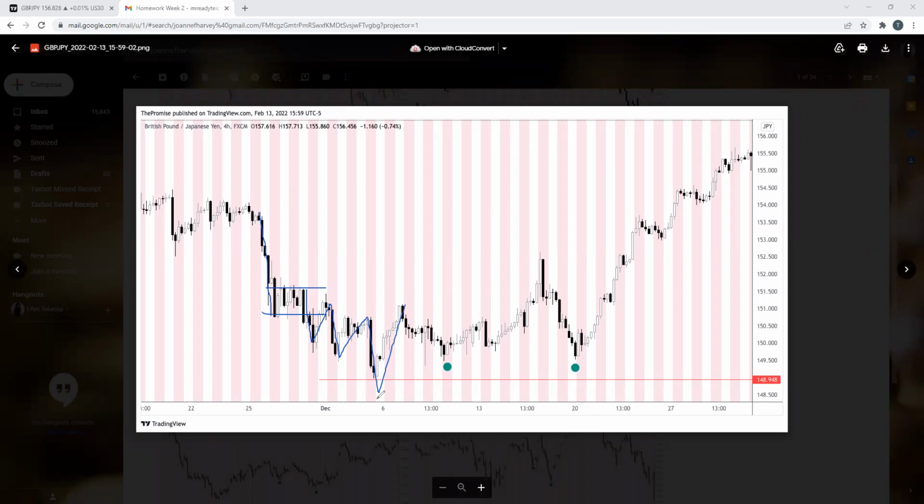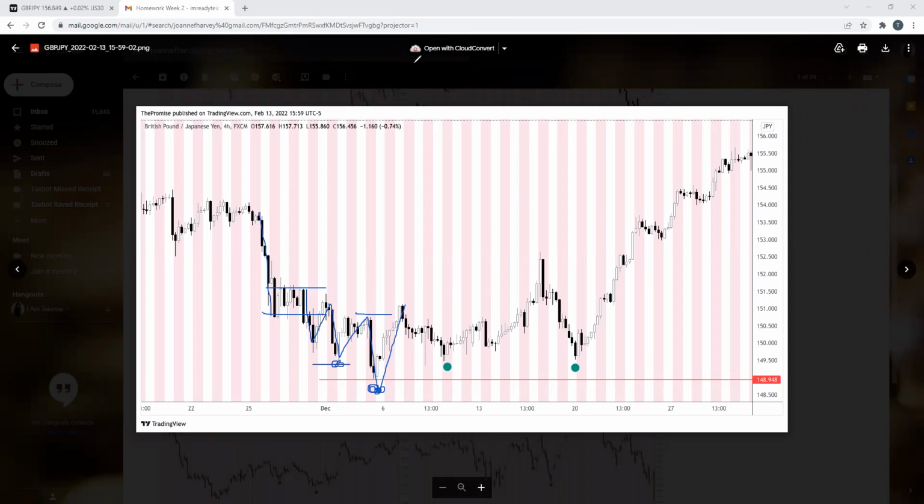I'm more so looking to use this once this breaks above here, because now the banks have taken liquidity down here and up here. What happens is I can utilize this as my second dot, and this becomes my first dot.